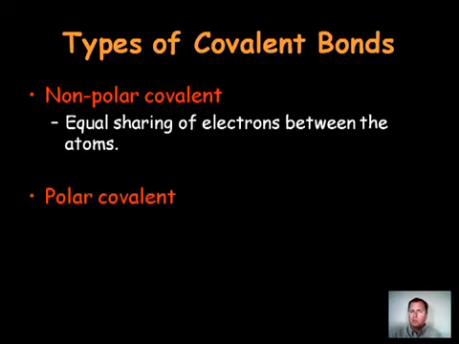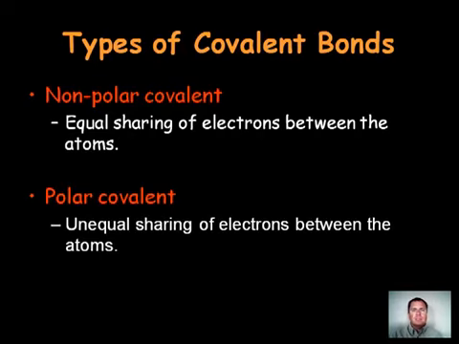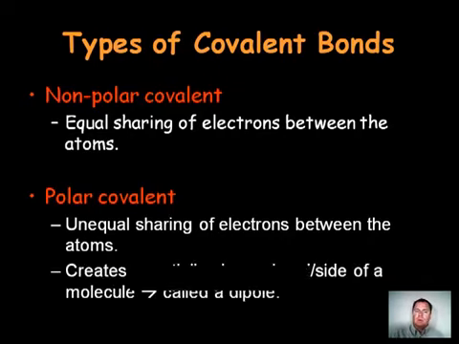Polar, think of the poles on Earth. We have a north and a south. We have opposites. Well, that happens with bonds as well. In the polar covalent bond, there's an unequal sharing of electrons between the atoms. One of the atoms has a tendency to hog the electrons more often than the other. So it keeps the electrons over by its side more often.